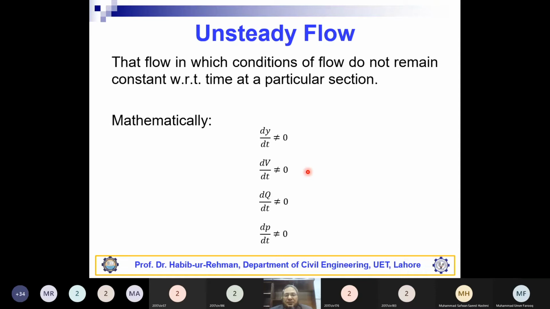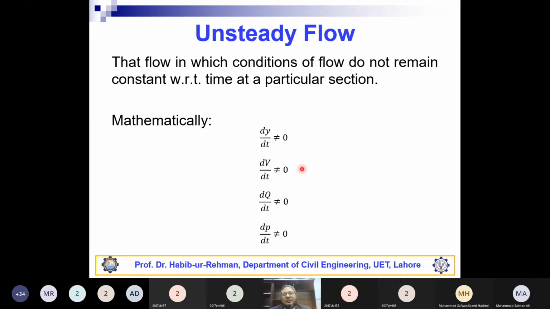What is the next expression? dV over dt is not equal to 0. It means the velocity of flow at a particular section keeps changing and is not constant. So this expression, what do you think? Is it applicable for open channel flow or for pipe flow? For both, sir.